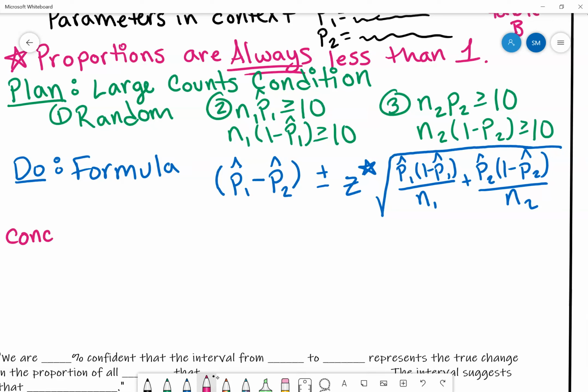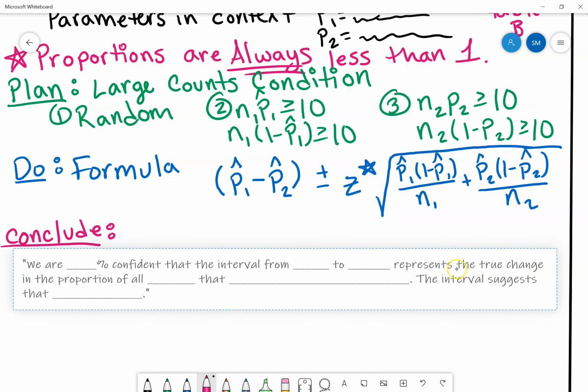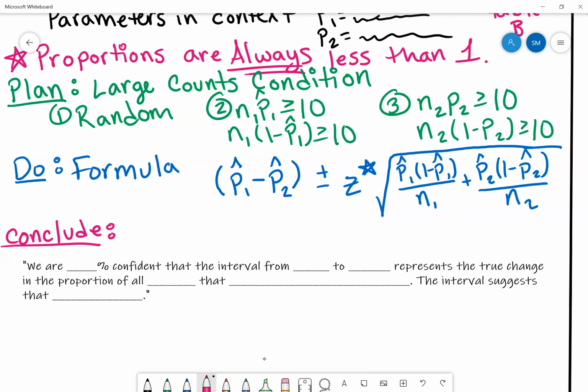After you have done that formula twice, once with addition and once with subtraction, you are then going to conclude. You are going to use this sentence stem right here. So let's fill it in. We are C% confident, so whatever your confidence level is, that the interval from the low number to the high number represents the true change in proportion of all the population that, and then whatever the context is talking about.